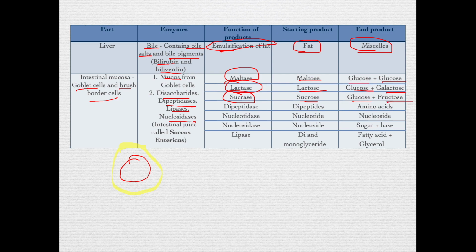Dipeptidases break down dipeptides into its simplest form, which is the amino acid. Nucleotidases and nucleosidases help in the breakdown of nucleotide into its simplest form, which is a sugar and a base. And finally, lipases break down di and monoglycerides into the simplest forms of fat, which are fatty acid and glycerol.